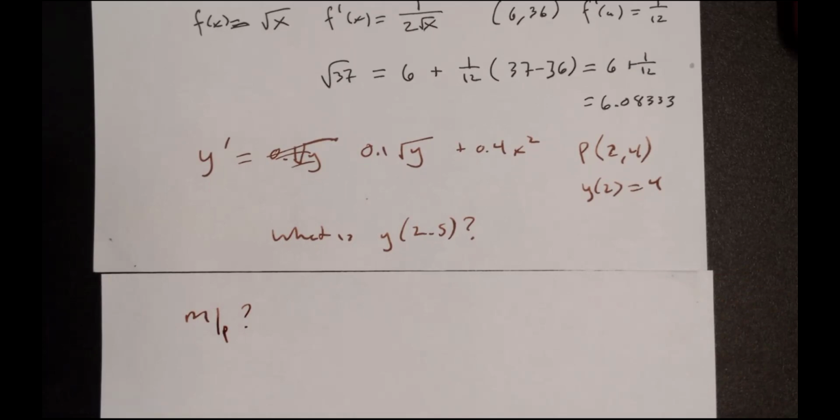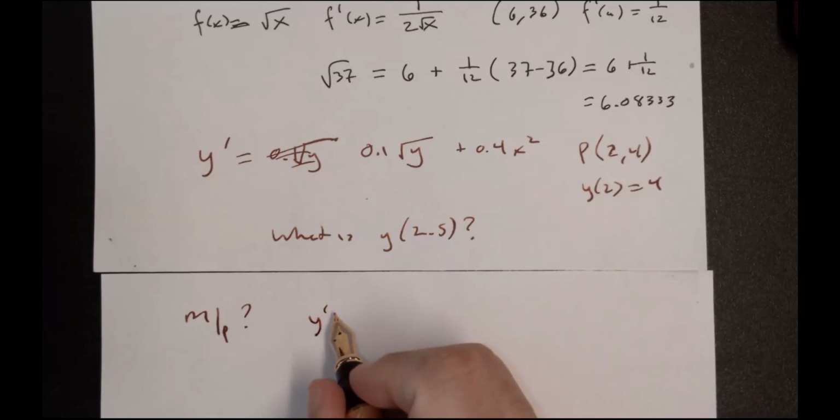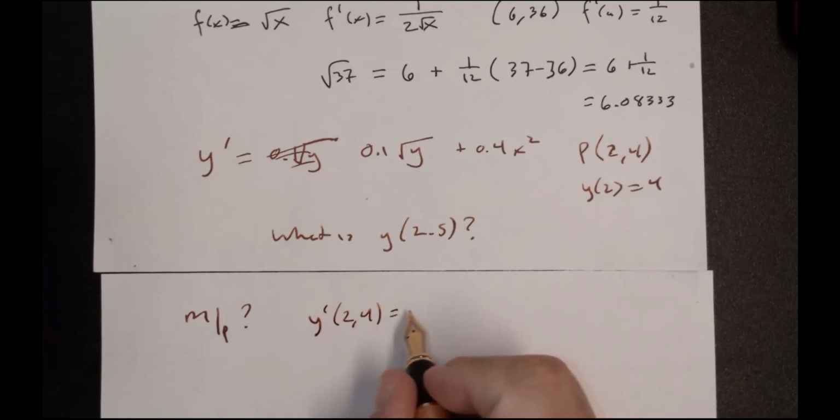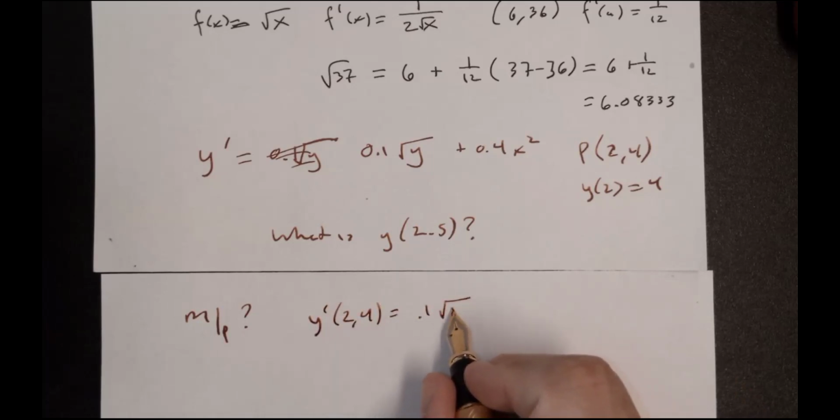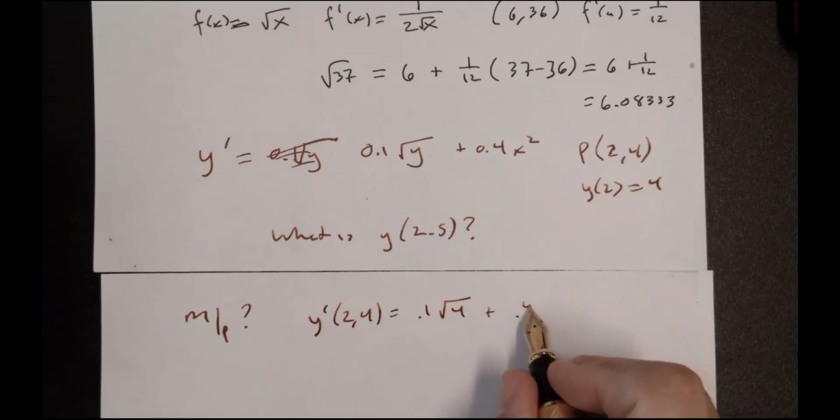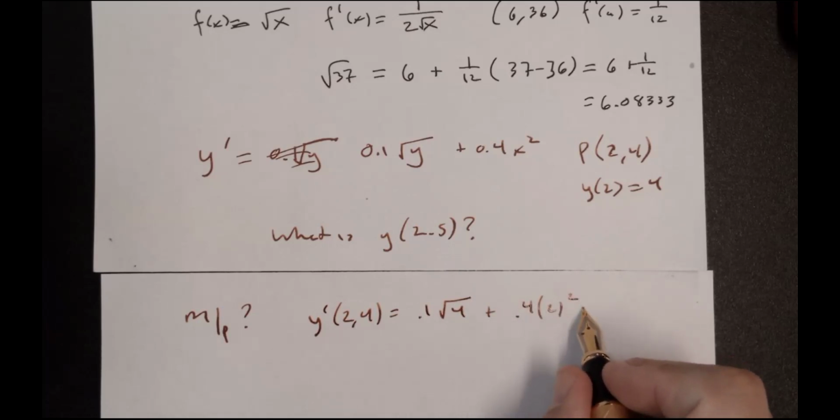According to my differential equation, I can take these values for x and y, put them in here, and get the slope. y prime of 2, 4 is 0.1 square root of 4 plus 0.4 times 2 squared.